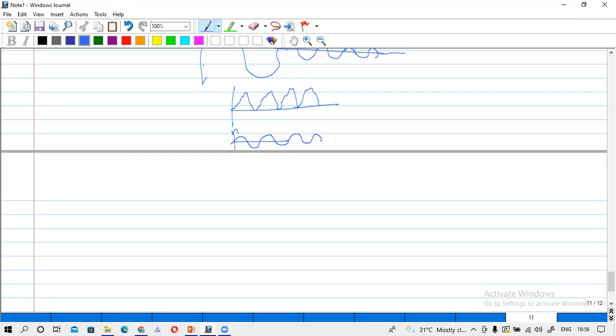It may be a square wave, or maybe the charging and discharging curve of a capacitor. These are also signals, voltage with respect to time.